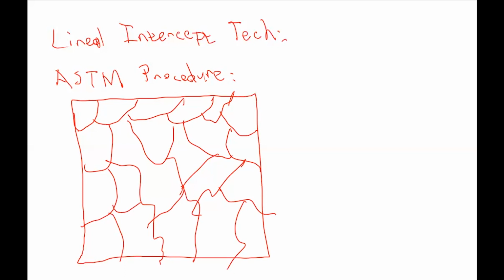And of course, we will have some micron bar. Let's say this is 100 micrometers. And the question is, what is the average grain size? How can we solve this problem? Any idea?